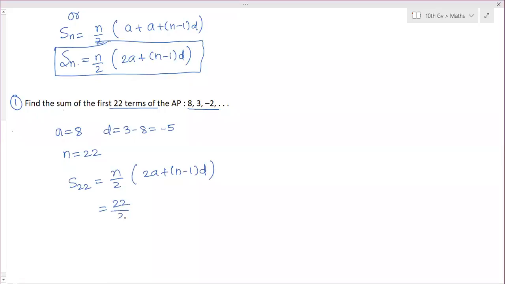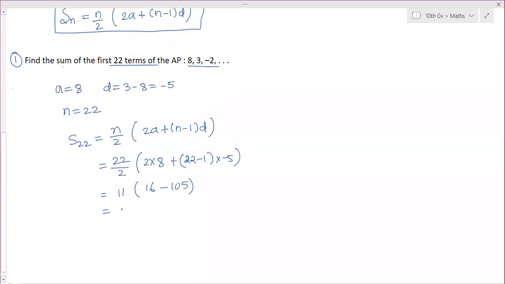That is 22 by 2 into 2 into 8 plus 22 minus 1 into minus 5. This is 11 into 16 plus 21 into minus 5, which is minus 105. So 11 into minus 89, which is minus 979.